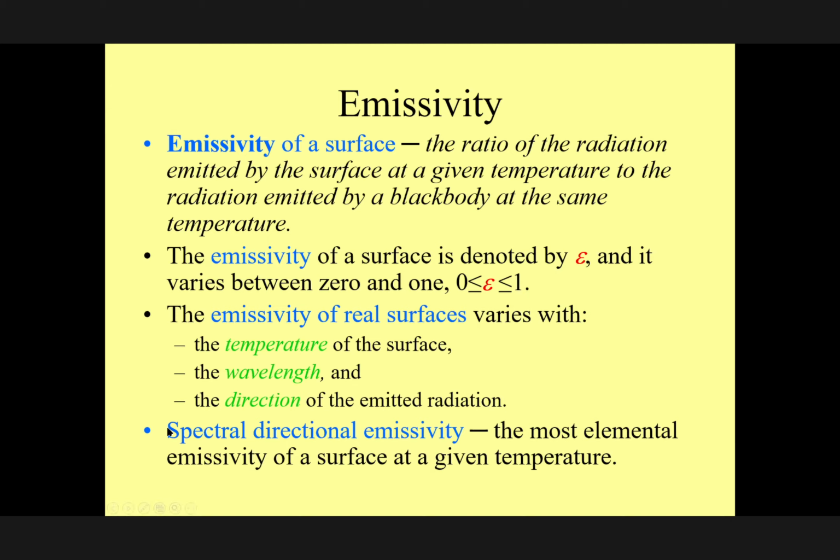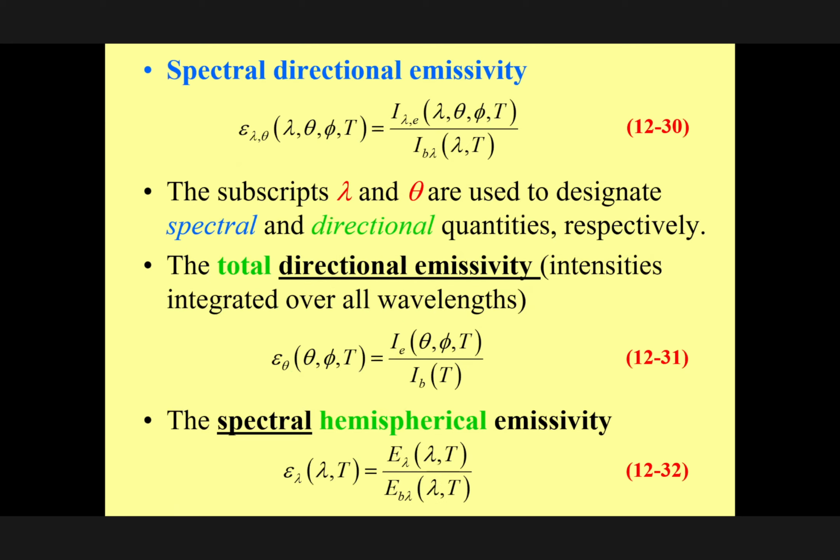A spectral directional emissivity is the most elemental emissivity of the surface at a given time. Therefore, when we're dealing with material, we're looking at this emissivity. Okay, we are looking at the average emissivity of the system. Therefore, emissivity, as we define it in real life, is a function of wavelength, direction, and temperature. This is in real material we are dealing with in general application.